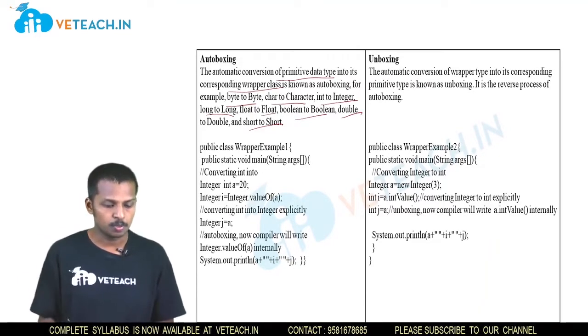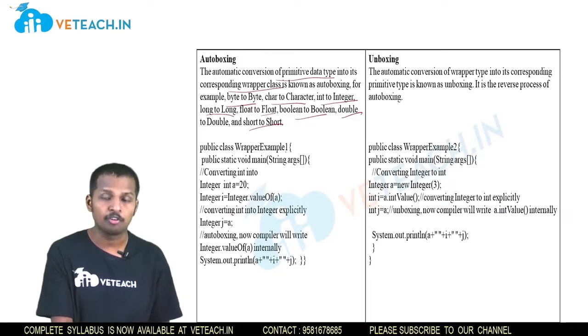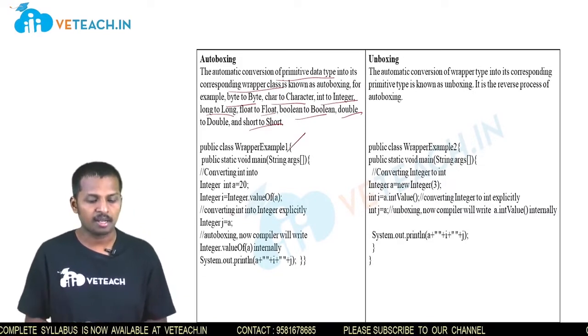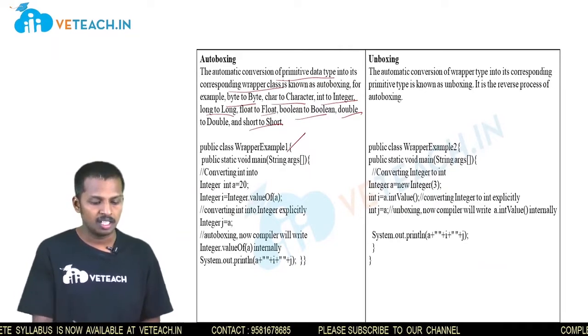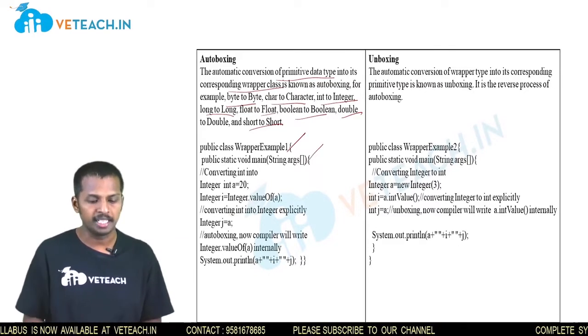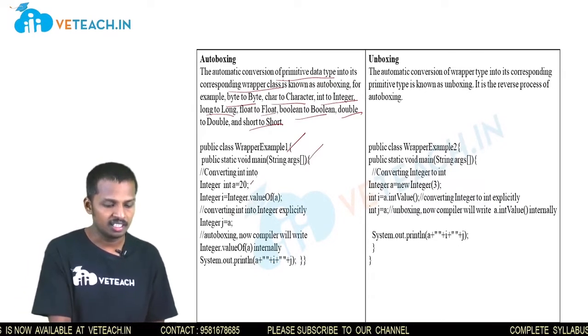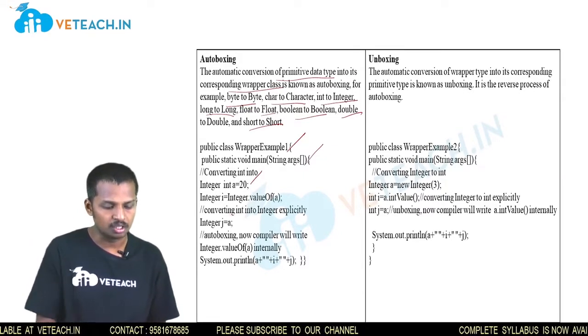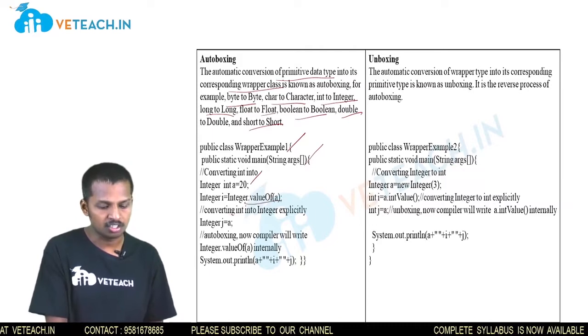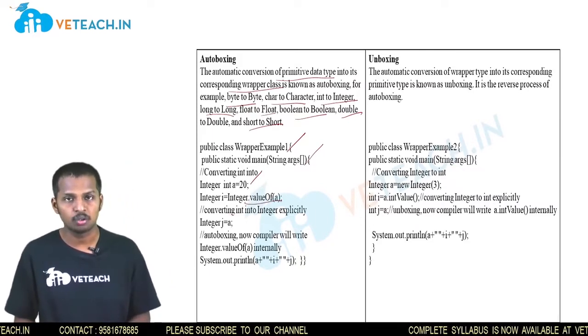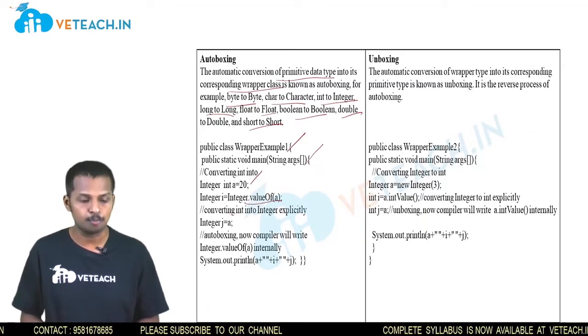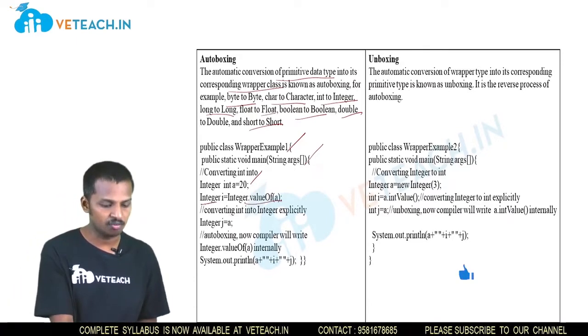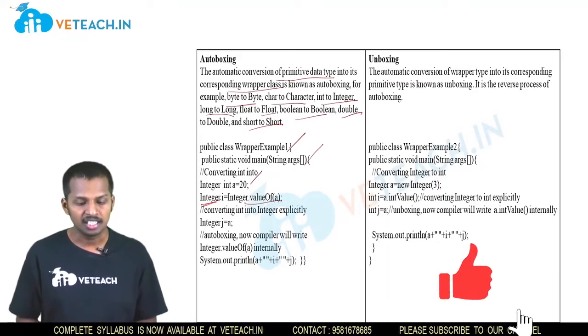Here we have written a small program for wrapper classes for auto boxing. Wrapper class example 1. In this we have written public static void main, and then int a is equal to 20, and then Integer i is equal to Integer.valueOf(a). So we are creating an object for the Integer class.